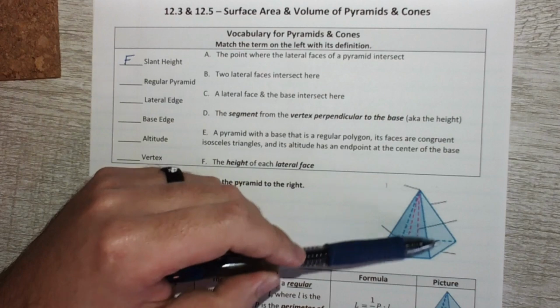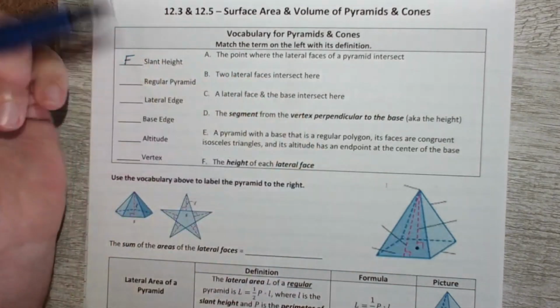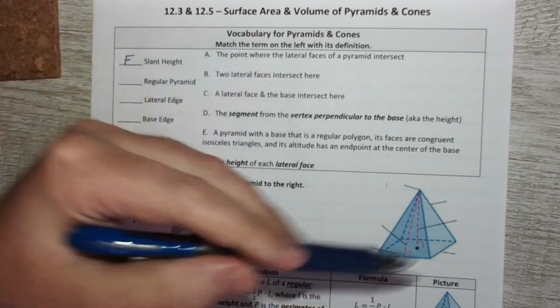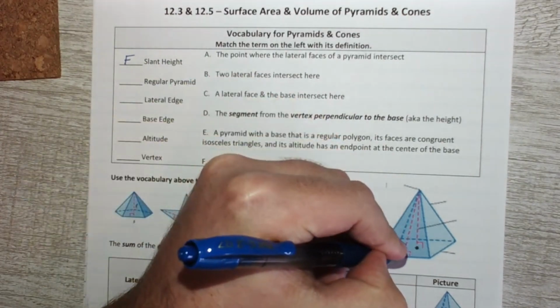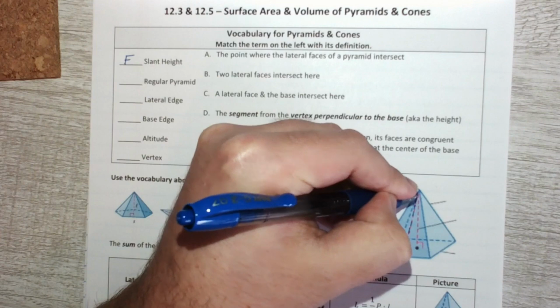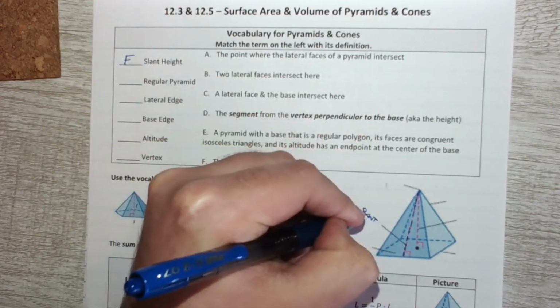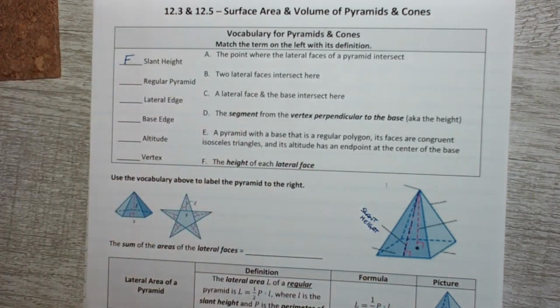So the base of this pyramid is going to be the square on the bottom, or the rectangle, depending on what it is. And then the slant height is going to be the height of those triangles around the outside. So in this diagram, this is going to be the slant height. Okay, so the height of the triangles around the outside.